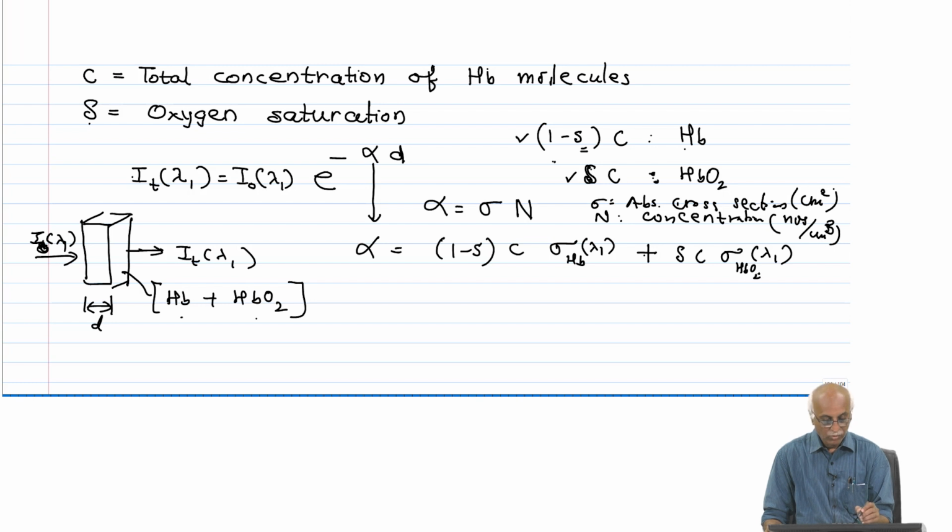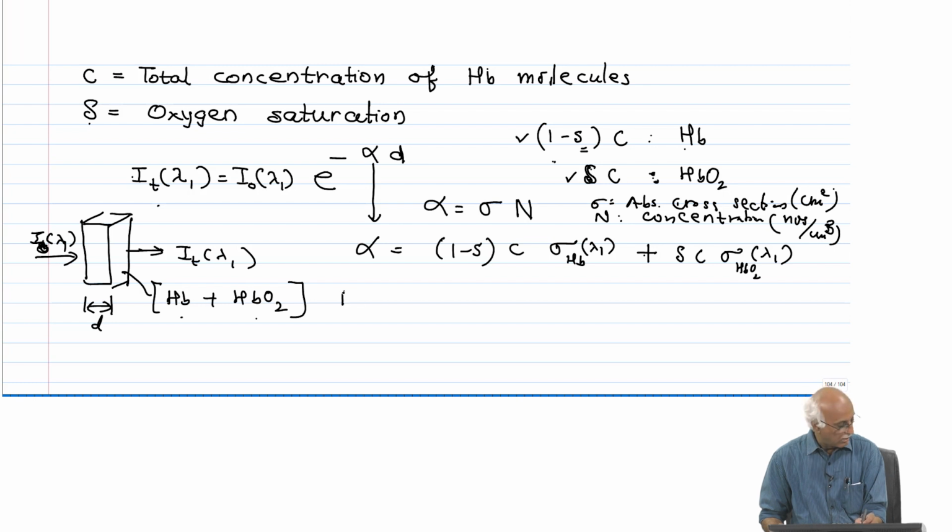So this is one aspect, where C is the total concentration of hemoglobin and S is the oxygen saturation. Secondly, I take D as the optical density.